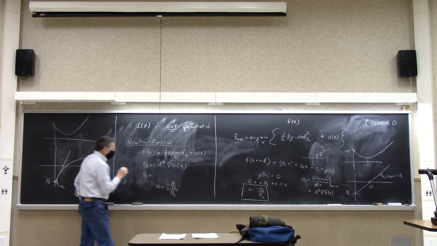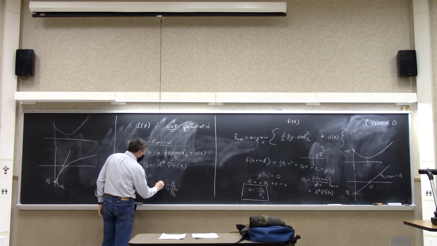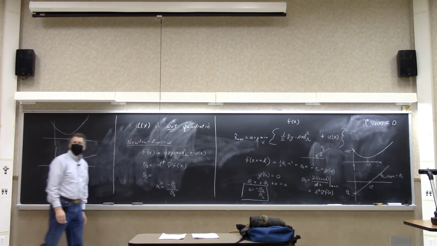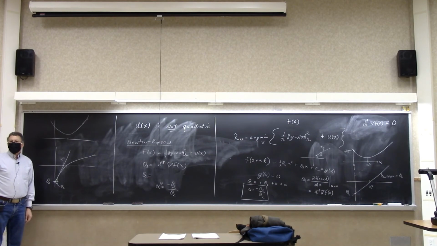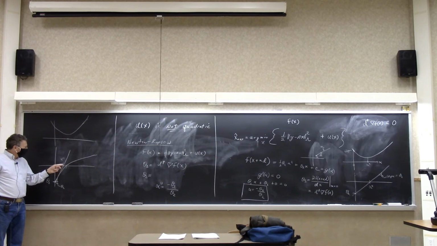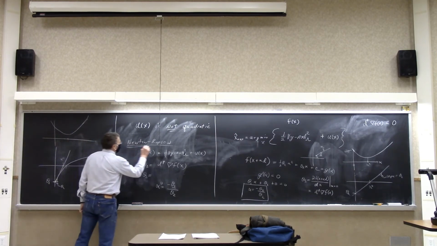I'll call this theta 1, because it's no longer theta star. And so that gets me closer to the solution, right? Then I could repeat it. And that's called the Newton-Raphson algorithm.